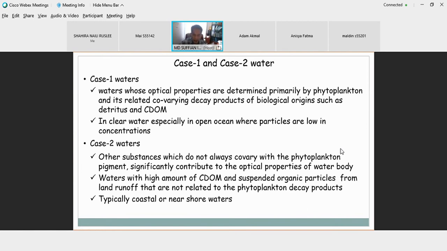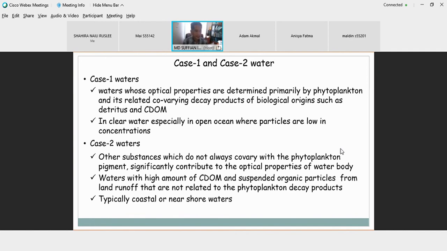In the open ocean water, when there is no source of terrestrial origin, dia tak ada sumber daripada terrestrial. Kebanyakan SPM dan juga CDOM selalunya ada sumber daripada terrestrial, daripada fresh water flow, daripada river flow dan sebagainya.